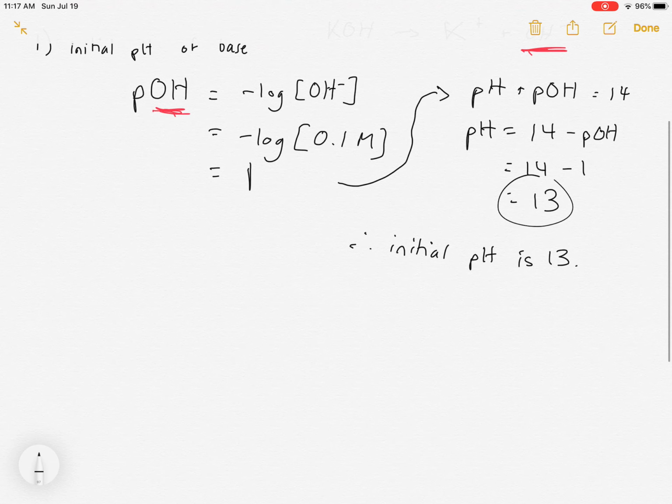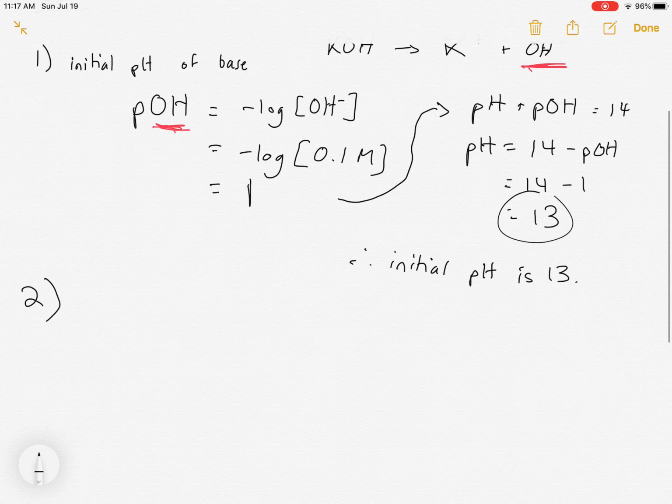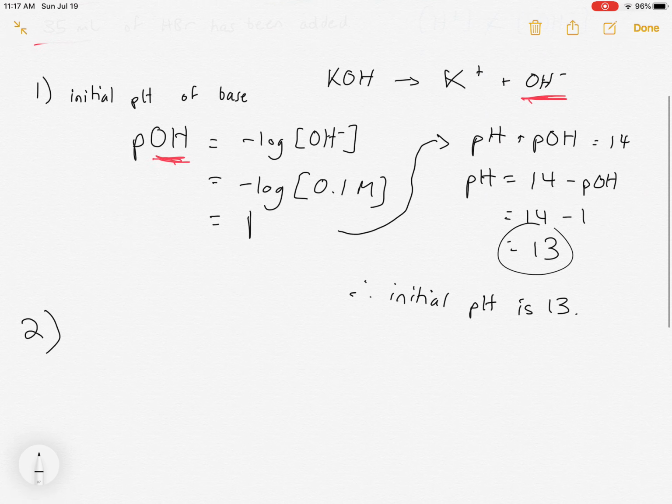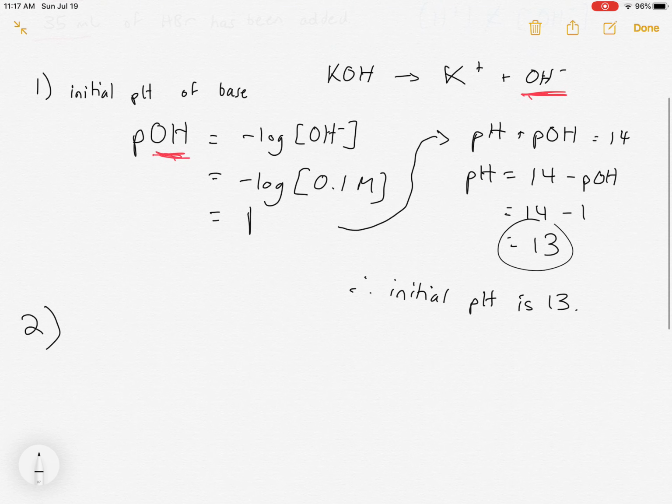So our second step here is we need to look at the molar ratio of hydrogen ions and hydroxide ions to their component parent acid and base.